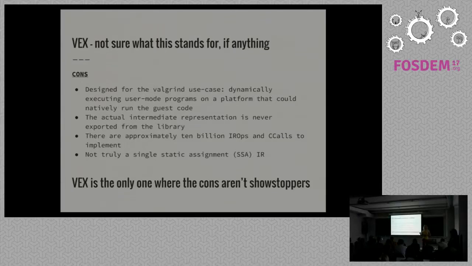There's no ability to reason with just the IR about control flow. And furthermore, from a real SSA IR, you want the memory writes and register writes to also be single static assignments. I'm talking some pretty nasty program analysis stuff, so sorry if this is going over people's heads. But none of these are showstoppers, and that's the important thing. VEX is the one that we want to use, and VEX is the one that we ended up using.